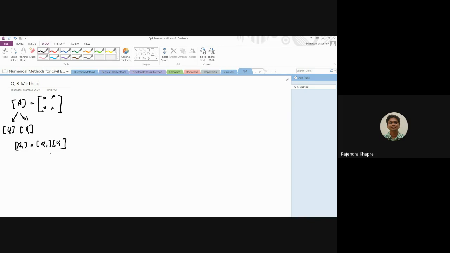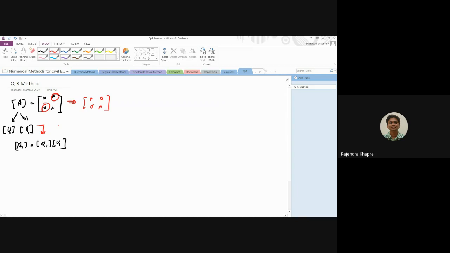Here the Q matrix is slightly different. What exactly we are trying to do here is to eliminate this as well as this, so that this becomes a matrix looking like this. For this purpose we are following this particular process.